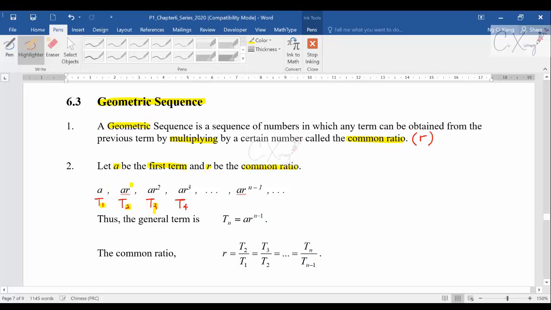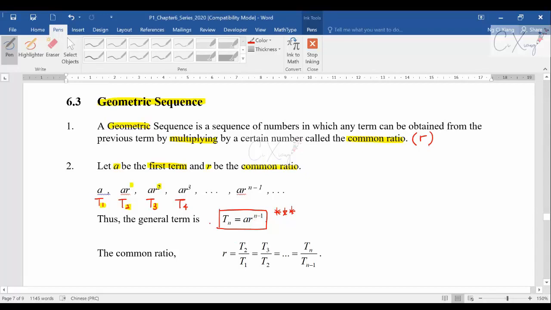For T3, the formula is AR power 2. So in short, for Tn, the general formula will be AR power n minus 1. This is the first important formula for geometric sequence or geometric progression. Please try to remember this if you can. If you cannot, it is also provided in your formula booklet.